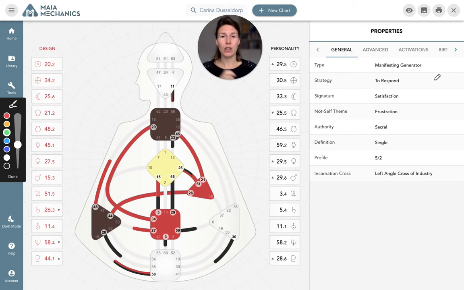And as a generator and as a manifesting generator, for me, it's super important to live my life from that space. I'm designed to live in response. I'm designed to do, to produce, to generate in response to what comes to me from outside of myself, from the external world.